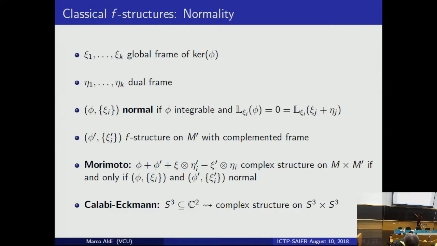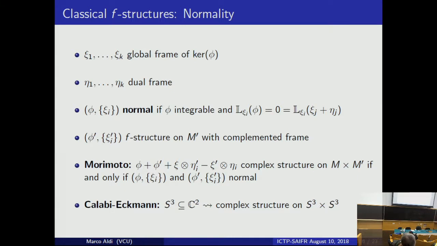The complexified tangent bundle decomposes as the kernel of this operator phi on sections of the tangent bundle plus L phi. This was the square root of -1 eigenbundle and its complex conjugate. Right?